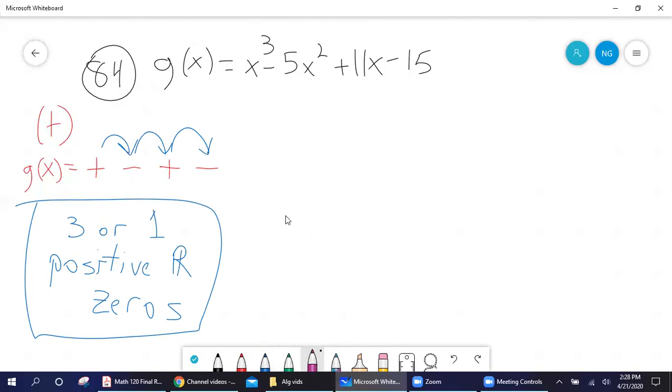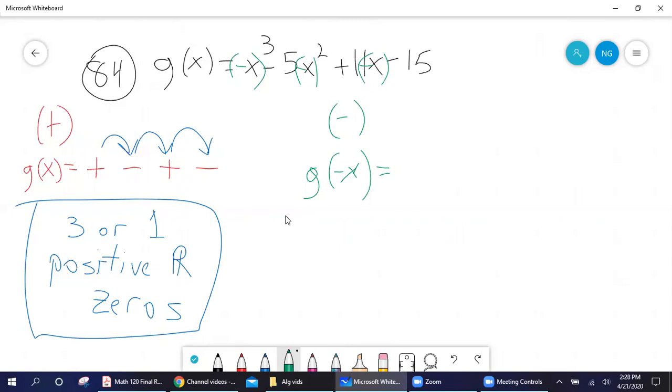To test for the negatives, I look at the sign changes in g of negative x. So if I were to replace every x with a negative x, then I look at the sign changes there.